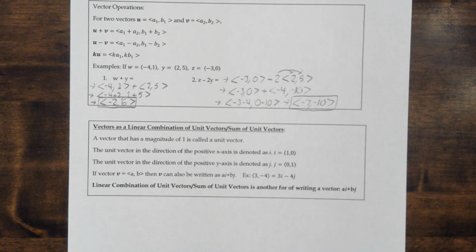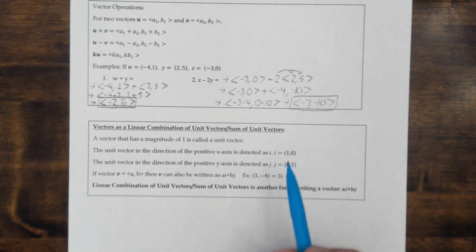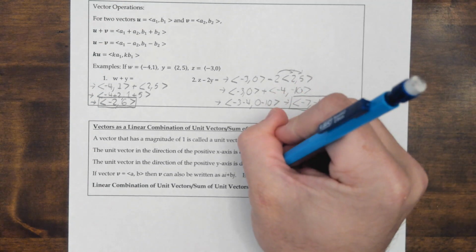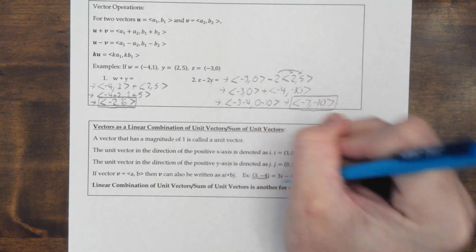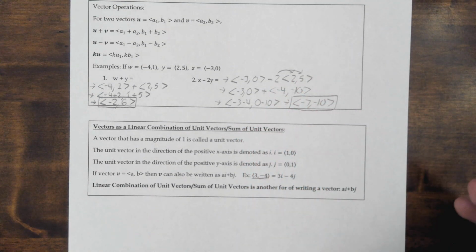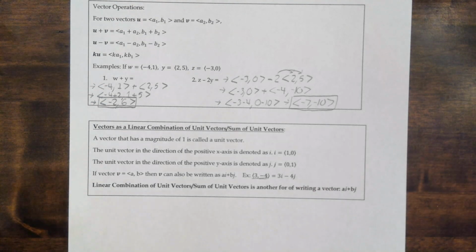So when we write something as a linear combination of unit vectors, or what we call a sum of unit vectors, very simplistic. All we're doing, literally, guys, is taking our components, and whatever it is, we're writing an i and a j next to it. Okay? That will be way more important going forward when we get into dot product.